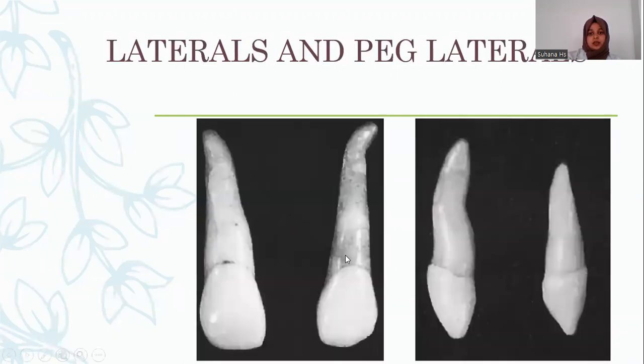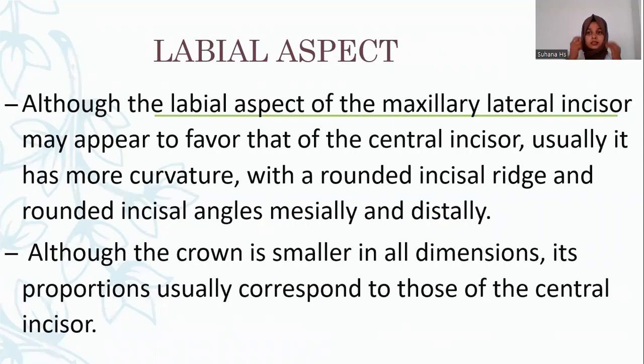Here is the picture showing the peg-shaped laterals, that is, screwdriver-shaped lateral incisors. This is the labial aspect. Here, the maxillary lateral incisors appear to favor the central incisors, which means the labial aspect is somewhat similar for central as well as lateral.